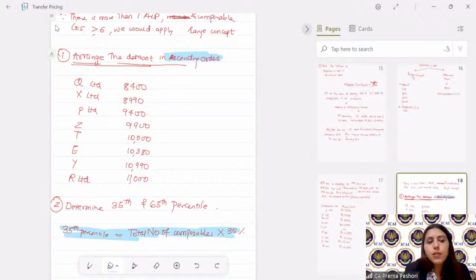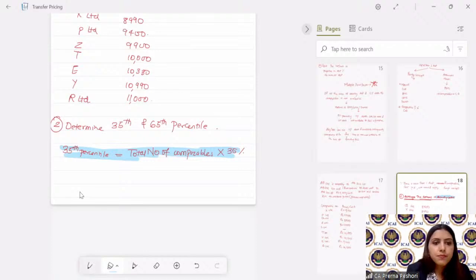Total number of comparables are how much? 1, 2, 3, 4, 5, 6, 7, 8, right? So 8 into 35% will give you 2.8.